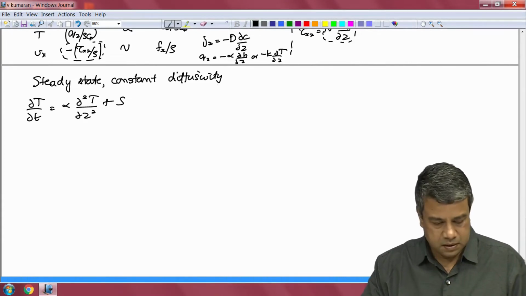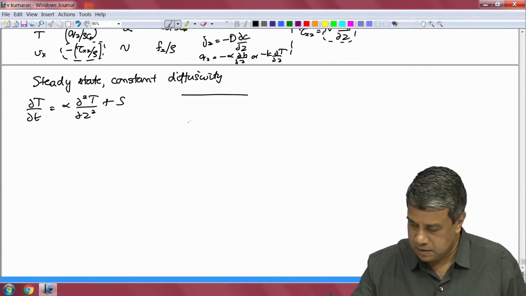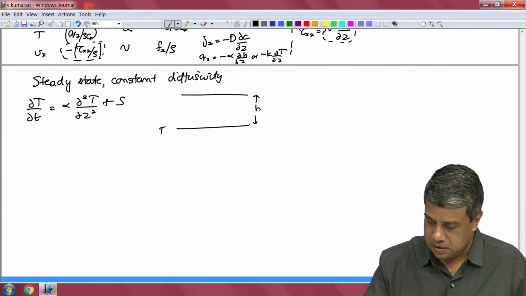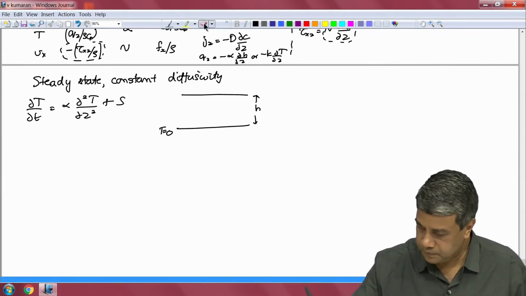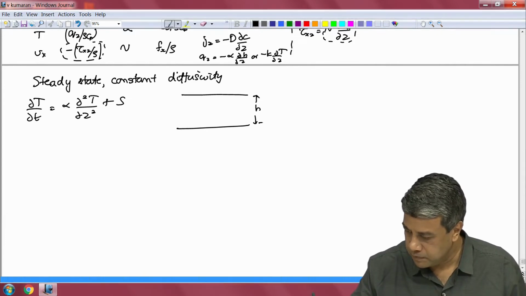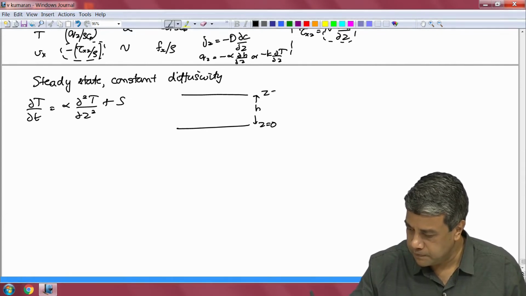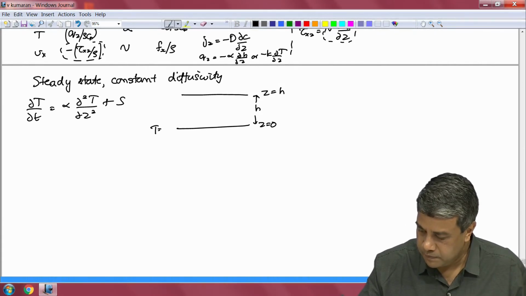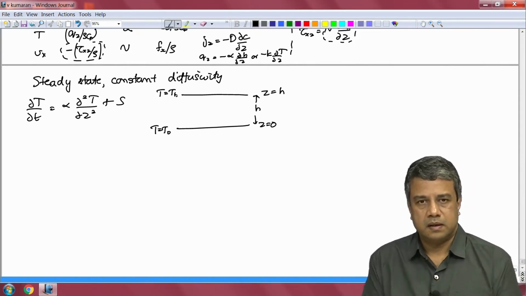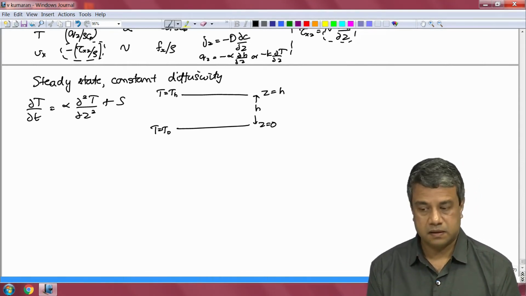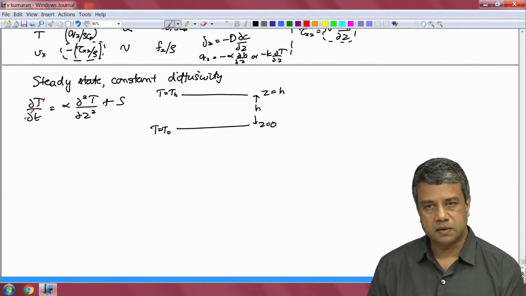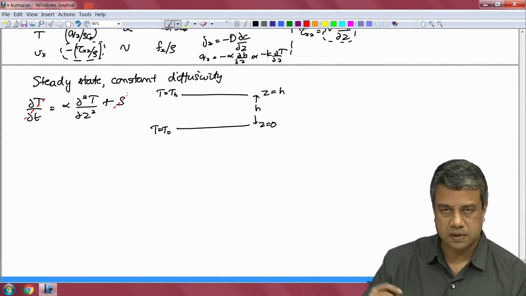So, if I had a single slab of height H, and I substitute, let us assume that it was at steady state, in which case there is no time variation, and assume that the sources are 0, so that there is no net source.